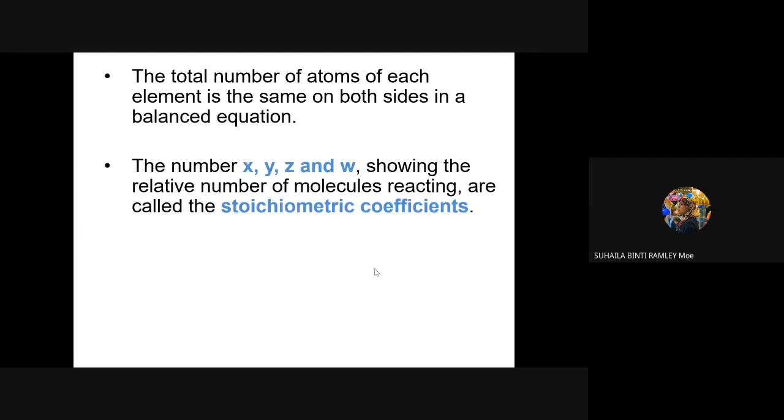So total number for each element at both sides sepatutnya sama because dia ialah balanced equation. So X, Y, Z and W are the stoichiometry coefficients. Stoichiometry coefficient ni yang kita balance daripada equation untuk balancekan equation.